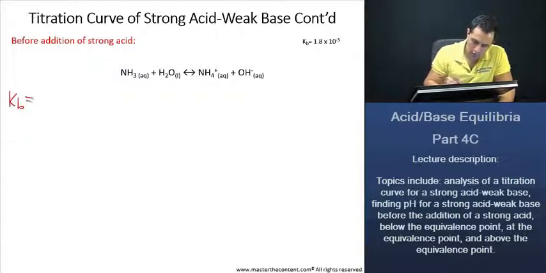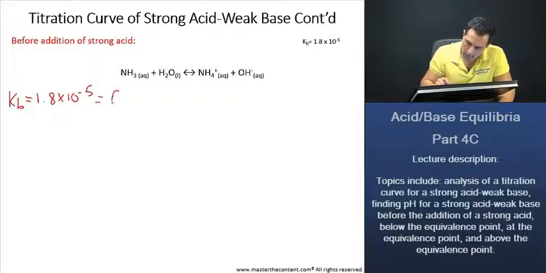This time it's given to us, and even if it's not, you can find it in the table, and that's going to be 1.8 times 10 to the power of negative 5. I'm not going to do the ICE table, as you'll still get the gist of it. Then we have our hydroxide ion concentration over our ammonia.